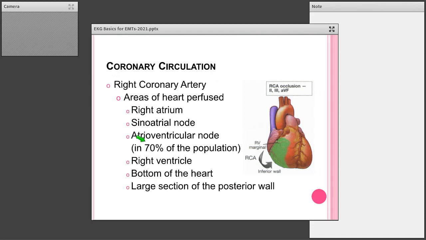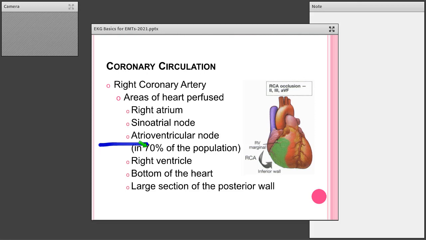Okay, so the right coronary artery feeds the right atrium, the SA node. So if somebody is having a really slow heart rate, it could be a blockage in the right coronary artery. It feeds the AV node in 70% of the population. It also feeds the right ventricle, the bottom of the heart, and a large part of the back of the heart. So this is our inferior wall MI.